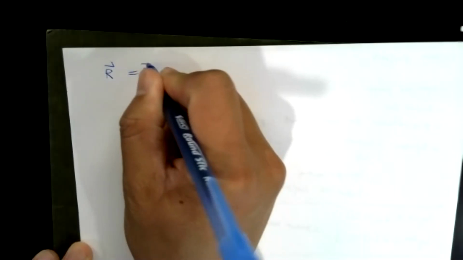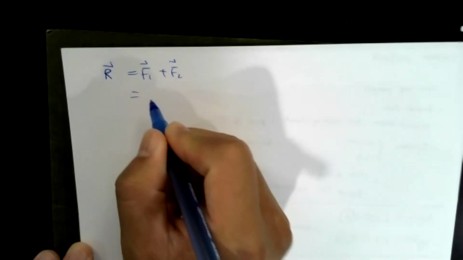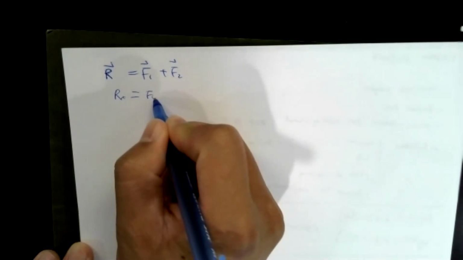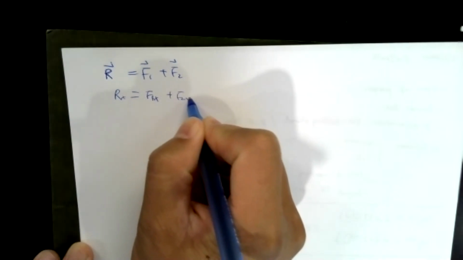So the resultant force would be equal to F1 plus F2. You'll be adding up their components. The x component will be F1x plus F2x.